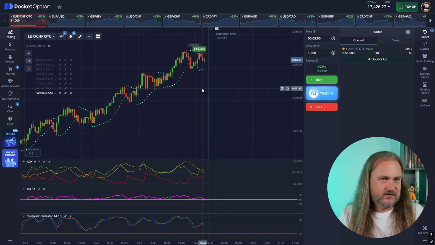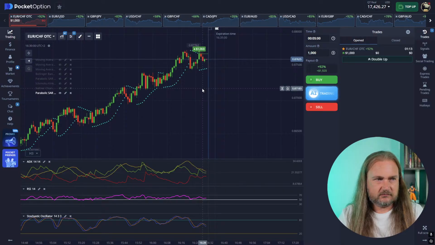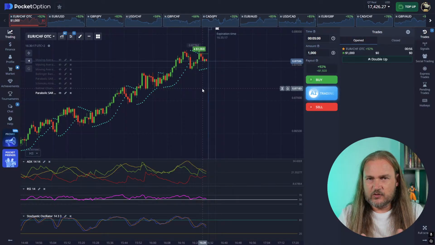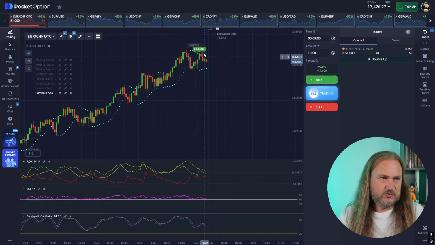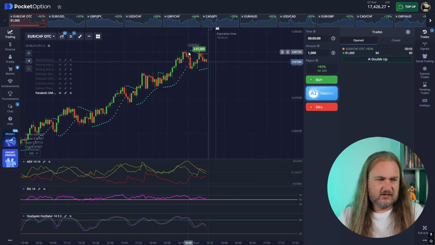Just want to sit and wait for this to finish. It's got just over a minute left on the clock, and we'll see what happens, but I do not think this is going to have the legs and the strength to push upwards anymore. Textbook entry, but sometimes we take it at the wrong time.